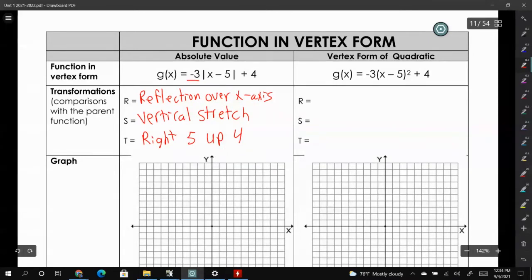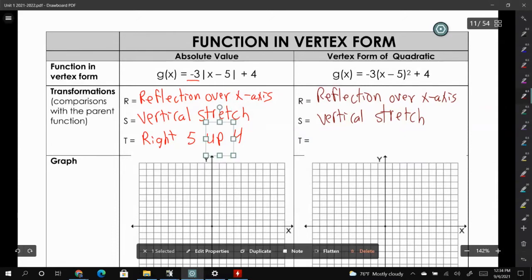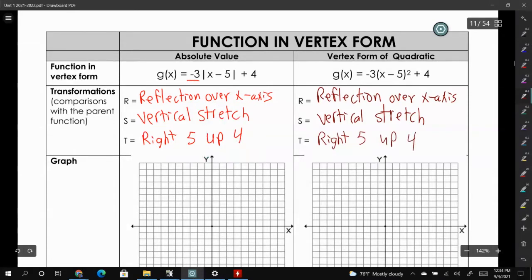The same thing applies for the quadratic over here, since this is in vertex form. We do have a reflection over the x-axis. We do have a vertical stretch, and we also have a translation of right 5 and up 4.